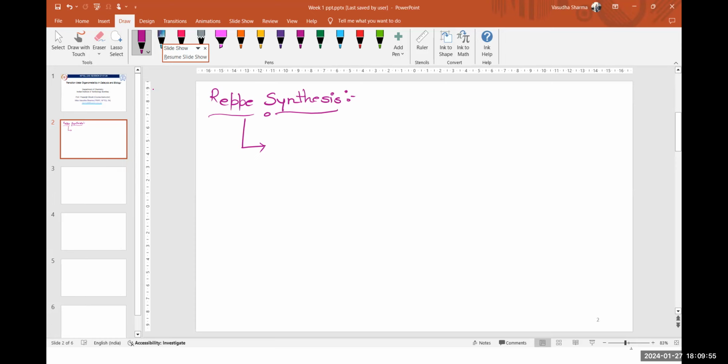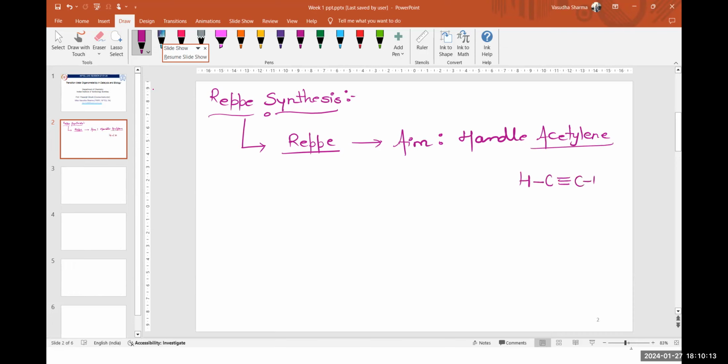This was introduced by Professor Reppe, and the aim was how we can handle acetylene. Acetylene is nothing but HC triple bond CH, and we have to handle acetylene at higher pressures, ranging up to some hundreds to 200 atmospheres.